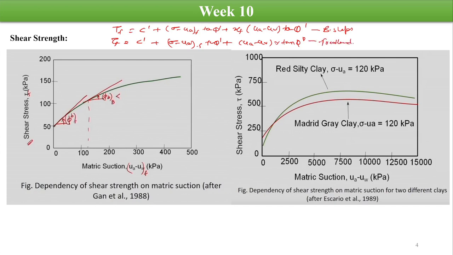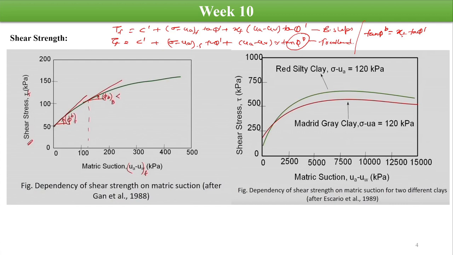Fine. So from these two expressions, we can observe that tan phi b is nothing but xi f times tan phi dash.